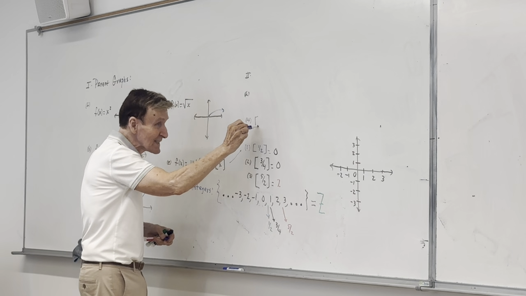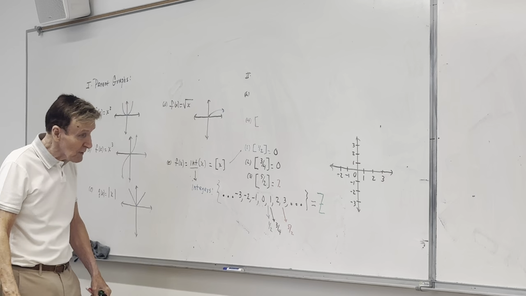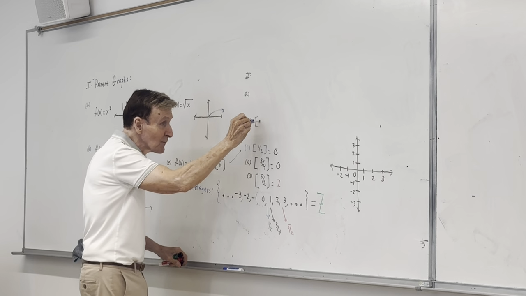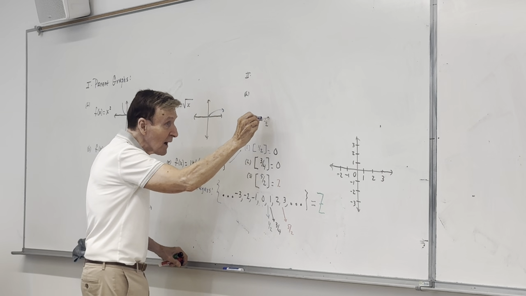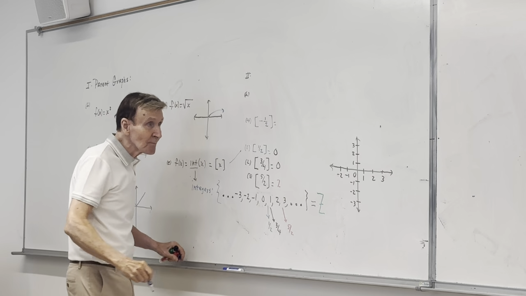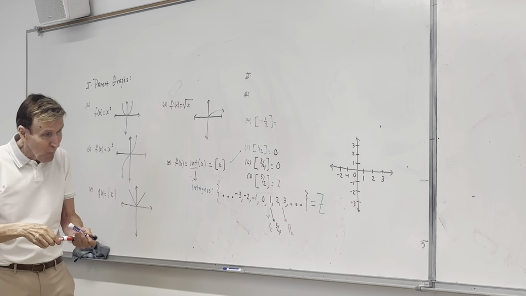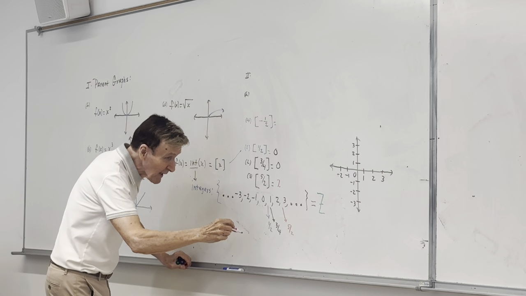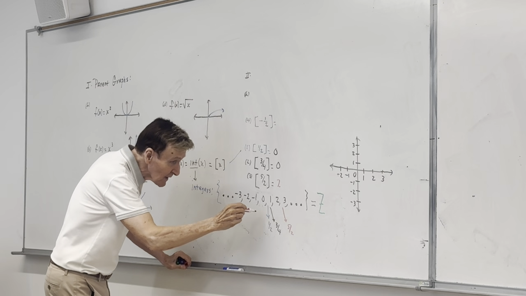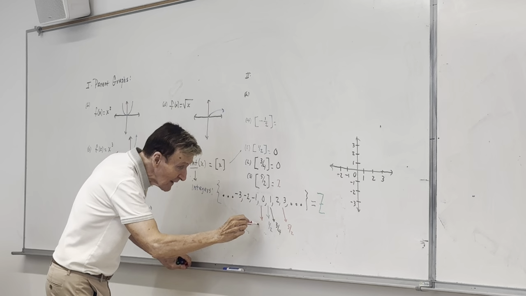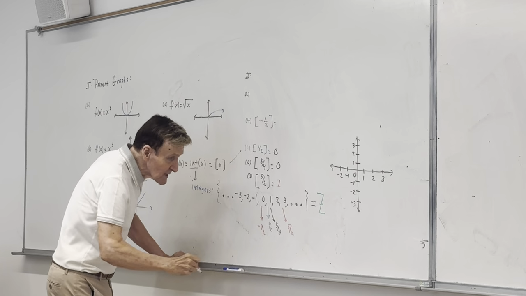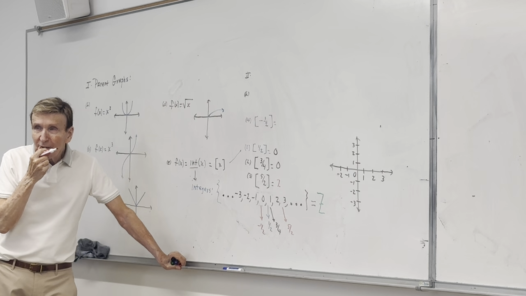Number 4. Let's try the greatest integer function value of -1/2. -1/2 is not in the original set, but I know where it's located. It's located, see if I'm correct here, guys, between -1 and 0. Now, what's the closest you can get to it and not go over?